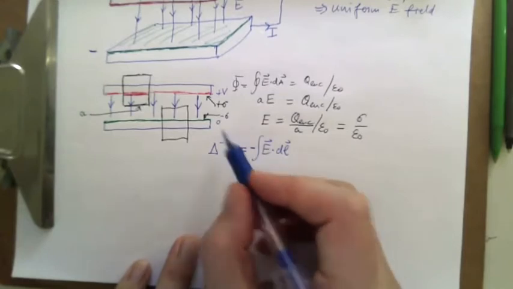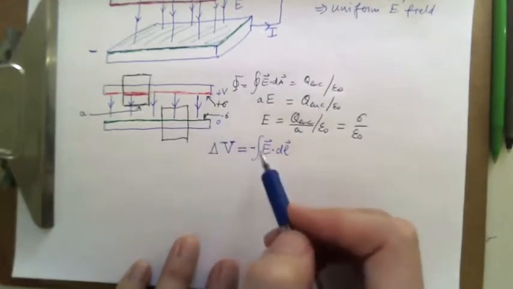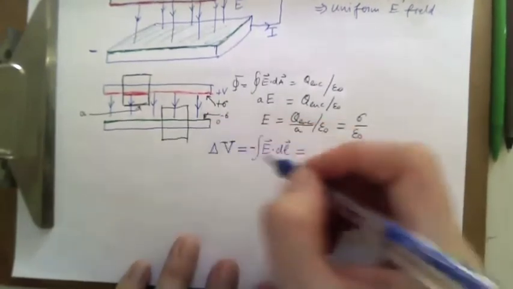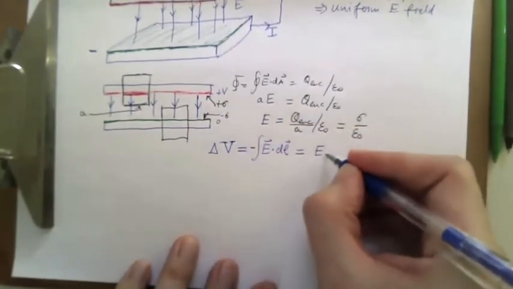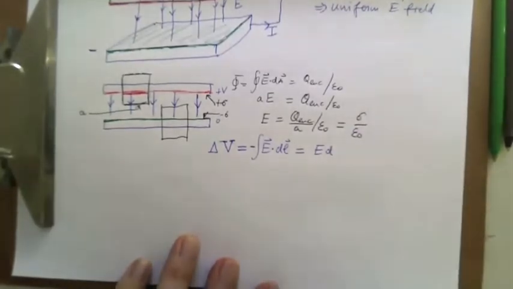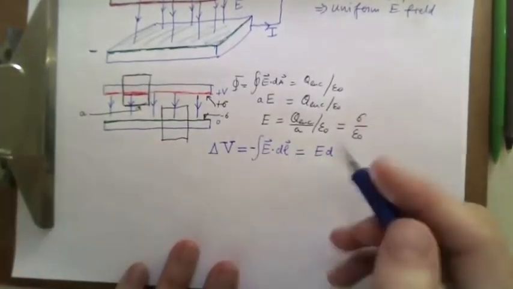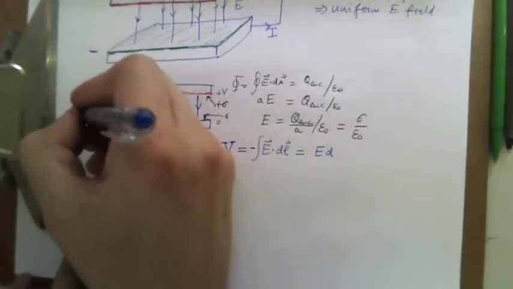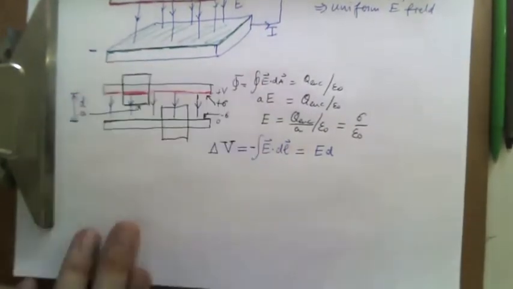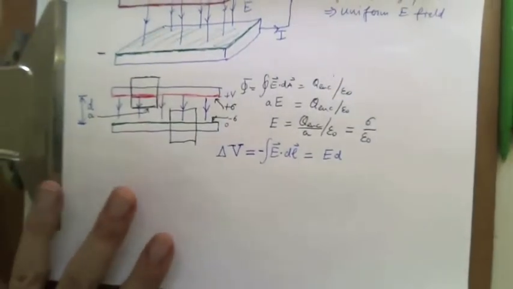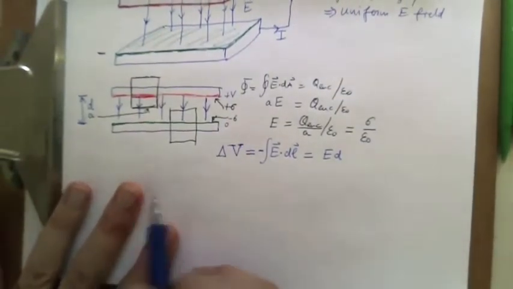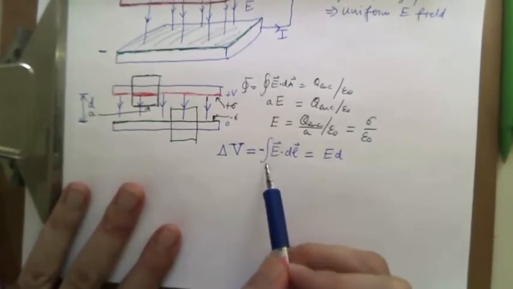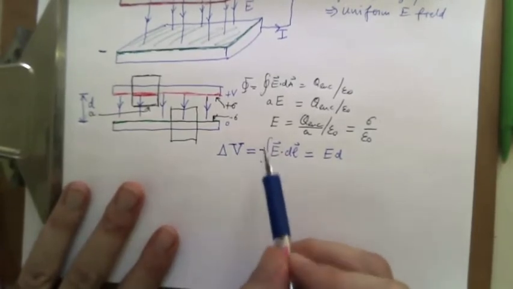Then the line integral of E dl, if we take it in this direction, is going to be E times D, and D is the distance between the plates. If we take this path correctly, we'll find something that is positive.